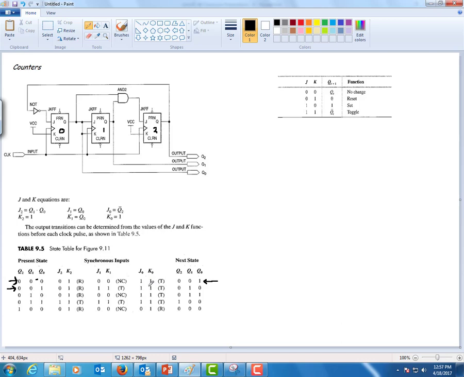And your J0, K0 output, that's going to toggle. Presently, it's a 1 in the present state, so that is to toggle back to a 0. And then here is your subsequent next state right there. And then this value will come down here.